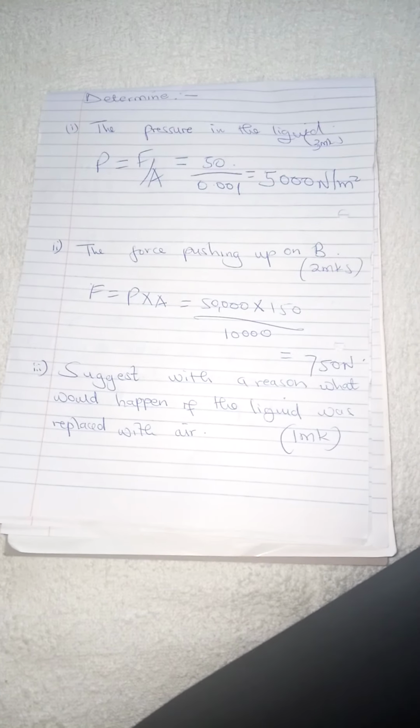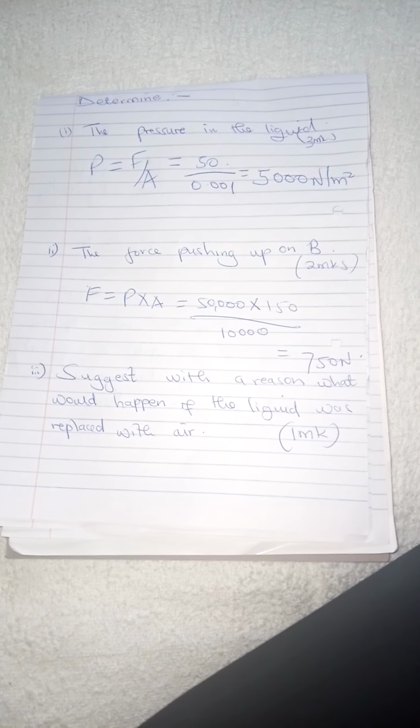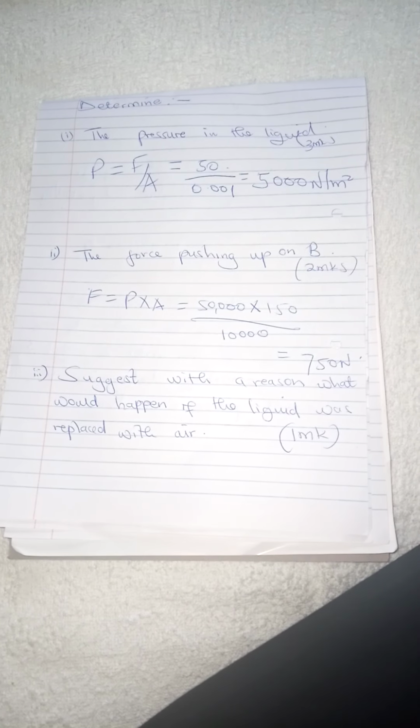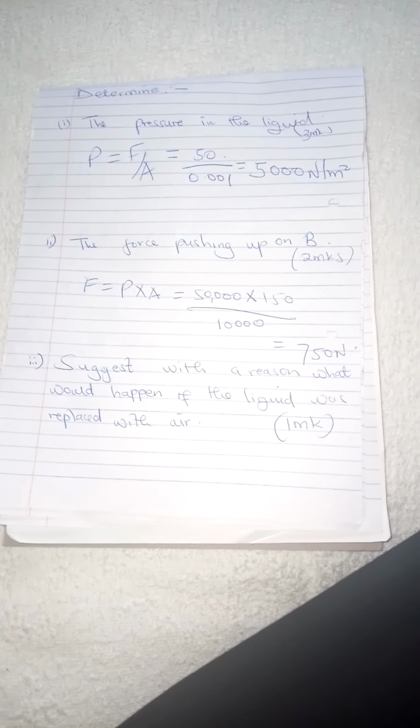Suggest with the reason what will happen if the liquid was replaced with air. If the liquid was replaced with air, then the hydraulic machine will not operate normally, because this one operates on what?